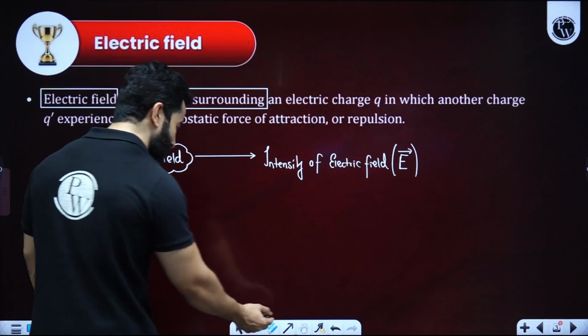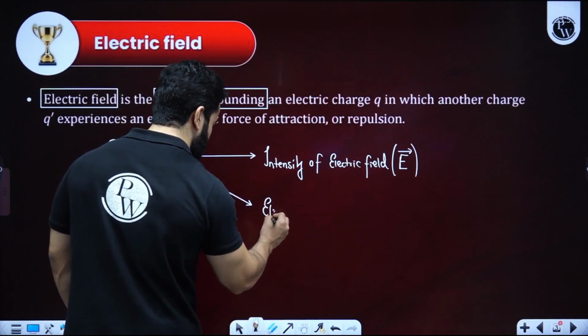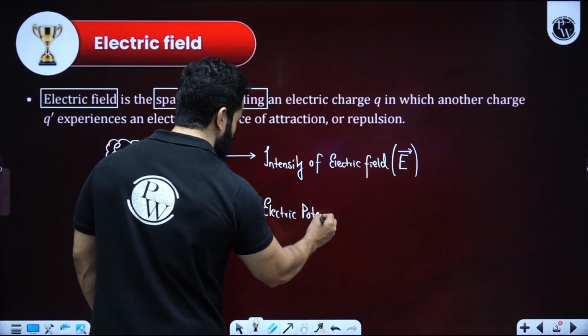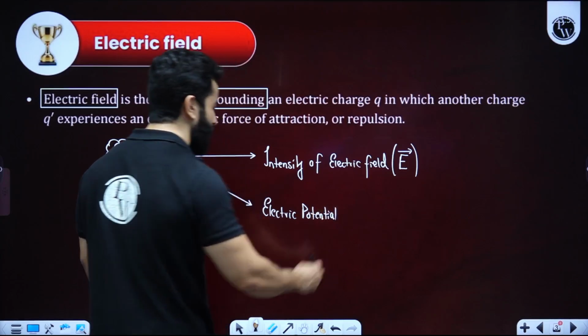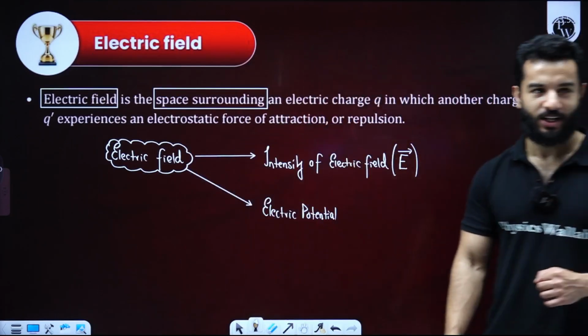The second thing is we can also use electric potential to define electric field. Electric potential, as you guys know, we are going to start after we finish this particular chapter of electric field, right?